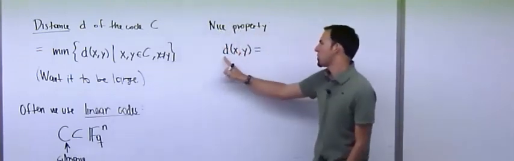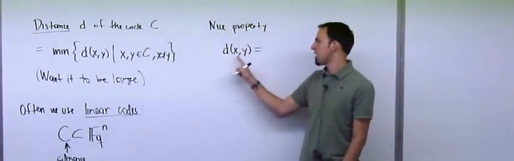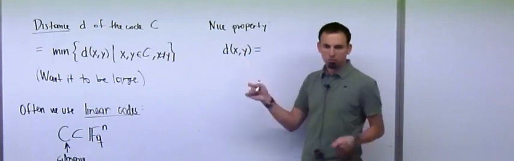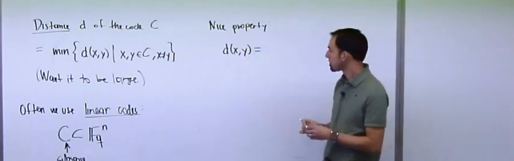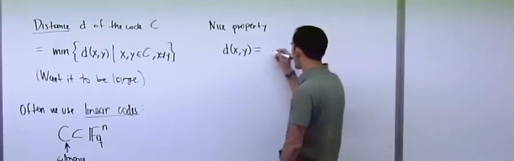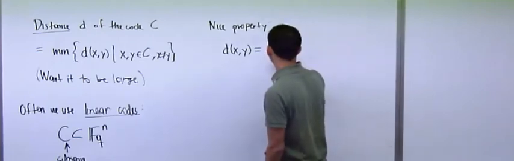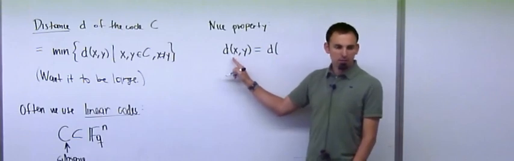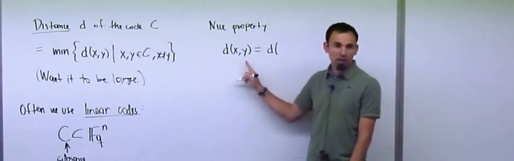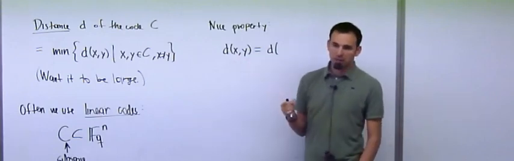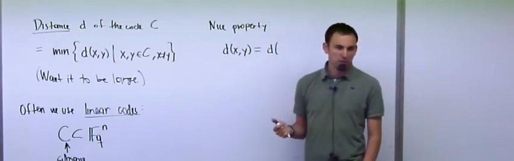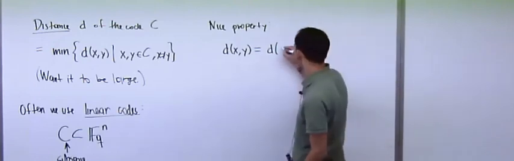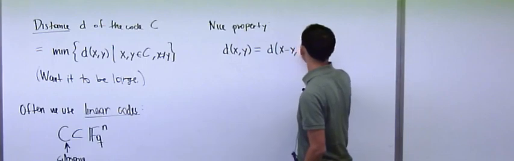Let's say that you want to compute the distance between x and y, two arbitrary words in your code. Well, of course, the ith coordinate of x and the ith coordinate of y agree if and only if the ith coordinate of x minus y is 0. Right?